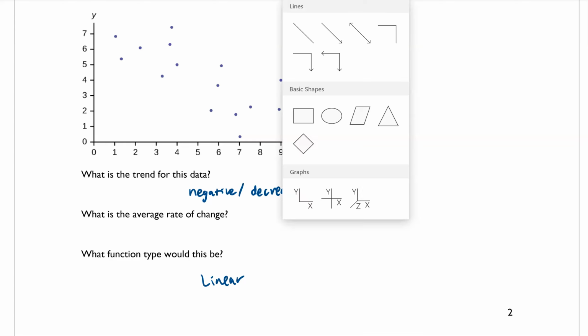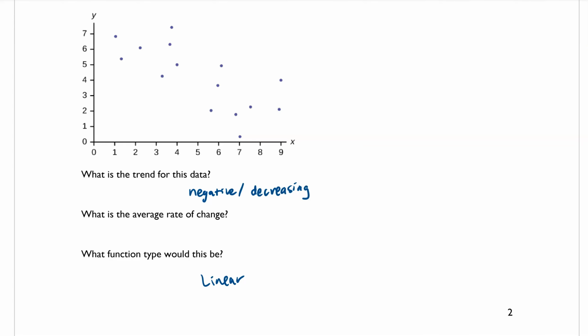And so once again, I'm going to try to get my line as close to all of these points as possible. Again, notice that it's not going through all of them. And there are definitely more points that are farther away from this line that we've created. So again, I'm just going to try to pick 2 points that I see on this line.